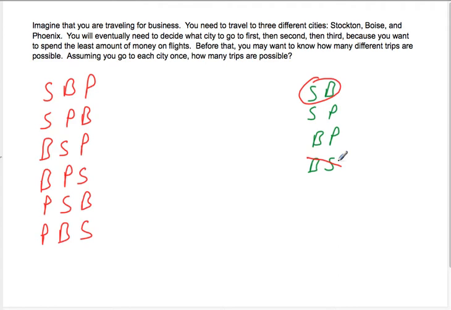Okay, so if you're going to figure out the order later, and you just want to know what cities are the most important that you're going to choose from, in this case, there's only 3 possibilities. Okay, Stockton, Boise, Stockton, Phoenix, or Boise, Phoenix.